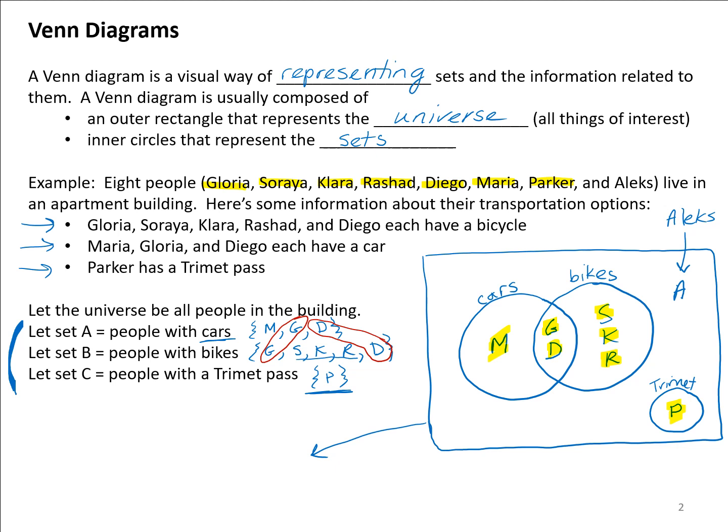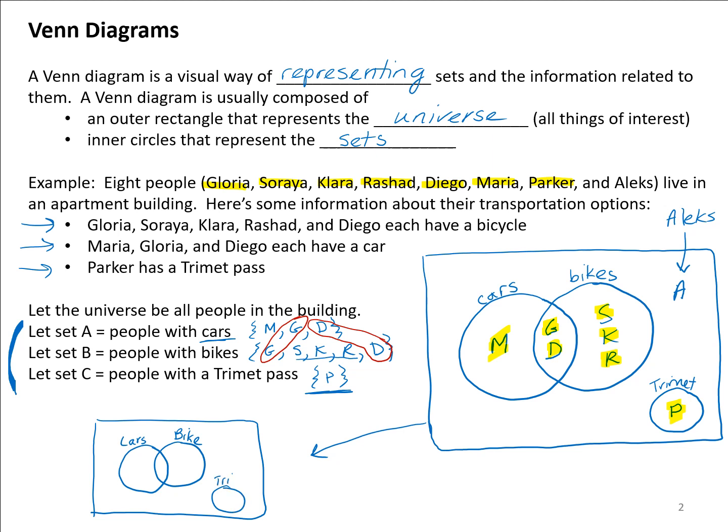But what's more typical in most Venn diagrams is to actually draw the diagram and just put the number of objects or people that are in those sets in those locations. So if I repeat the sets here, cars, bikes, and then I have TriMet here. What I would put in is, instead of the actual names, I'd put in how many people are in that region.